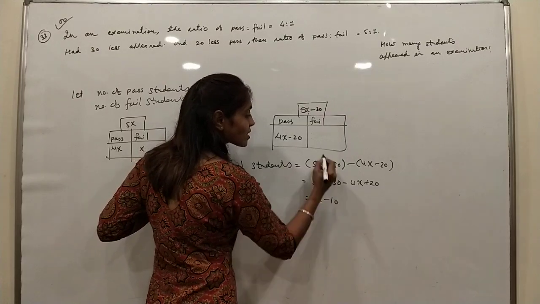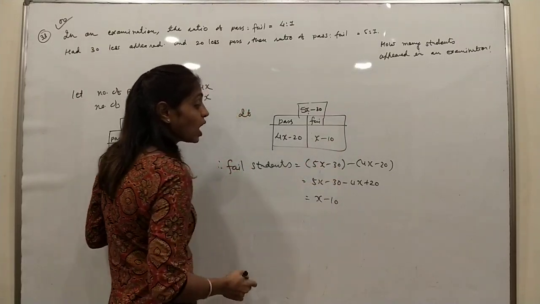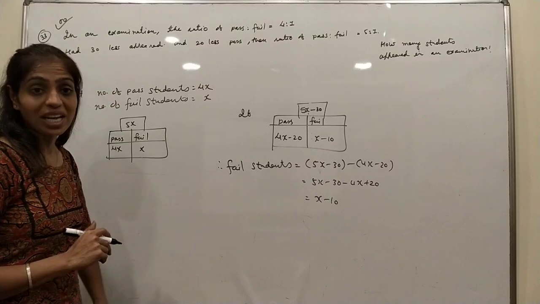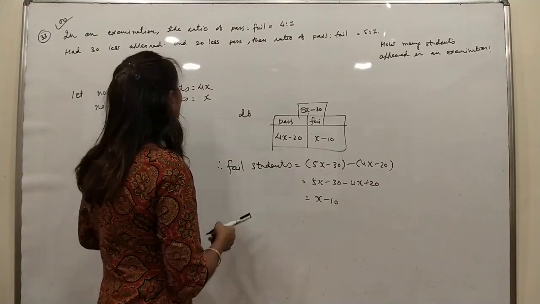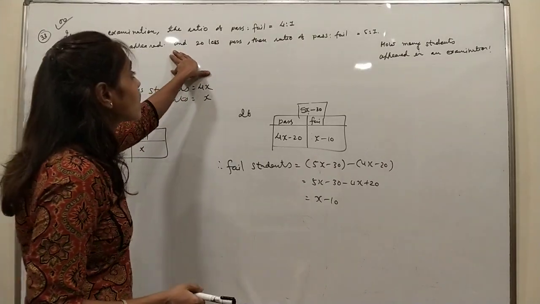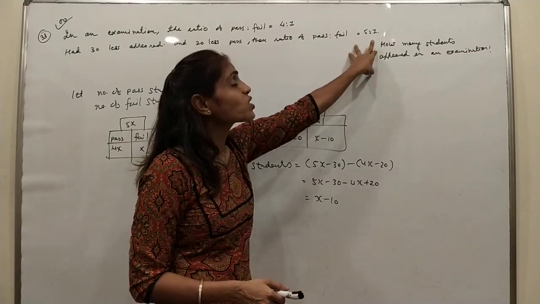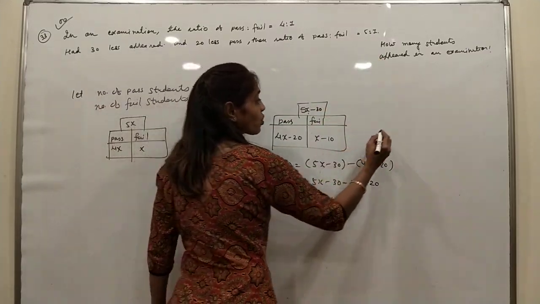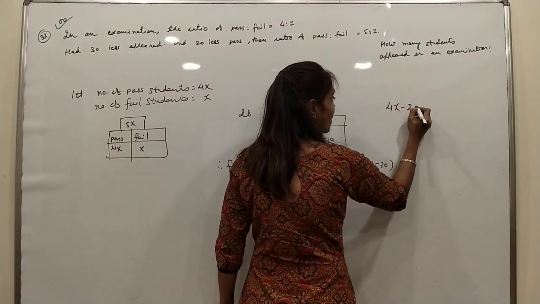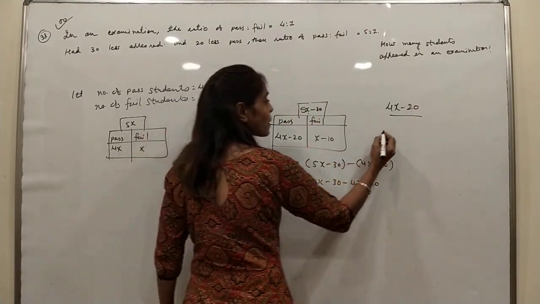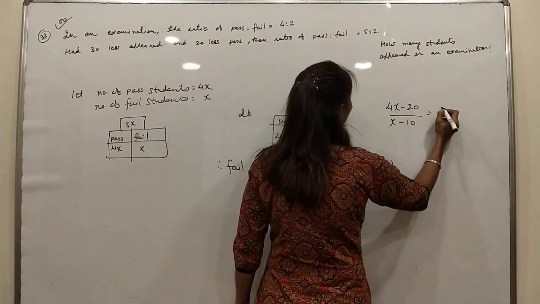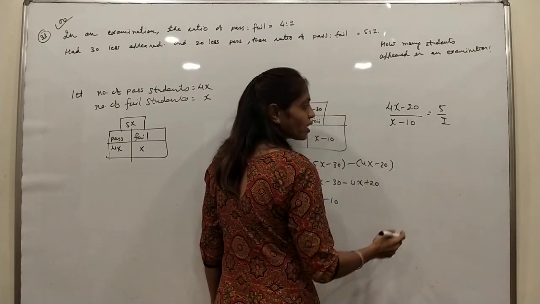So x minus 10 is the number of failed students. So now after these changes, the pass to fail ratio, 4x minus 20 and x minus 10, is 5:1.